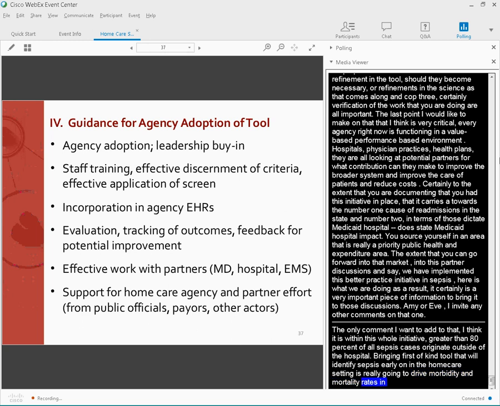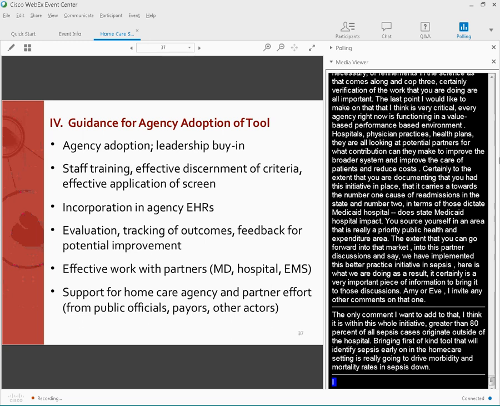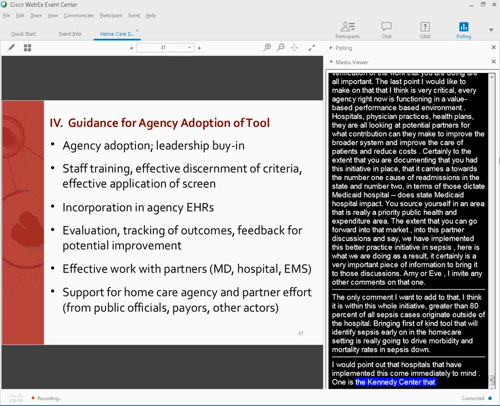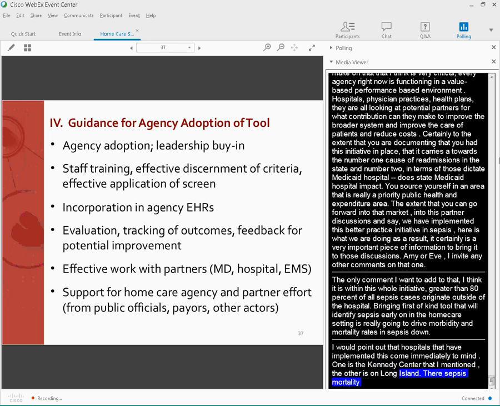I would point out that hospitals that have implemented this, two come immediately to mind. One is the Kennedy Health System that I mentioned. The other is the Northwell Health System on Long Island. Their sepsis mortality rates went down by double digits as a result of their implementation of best practices.